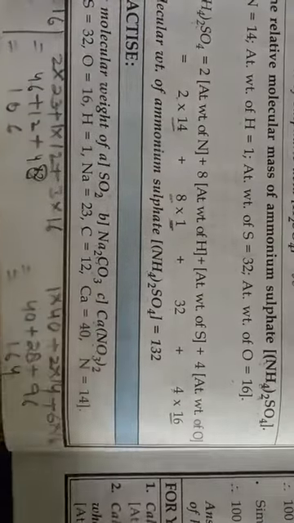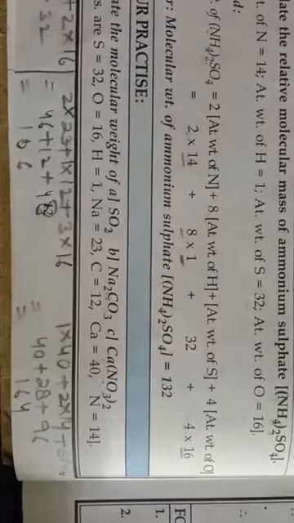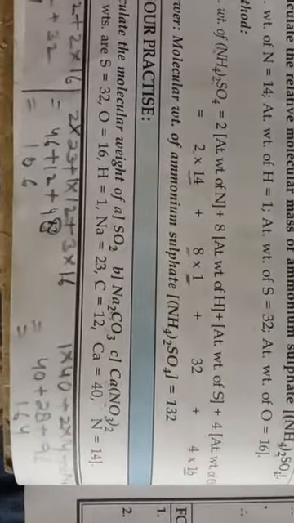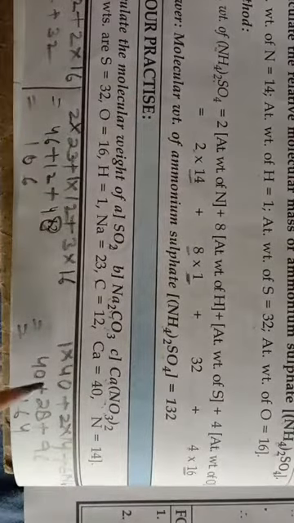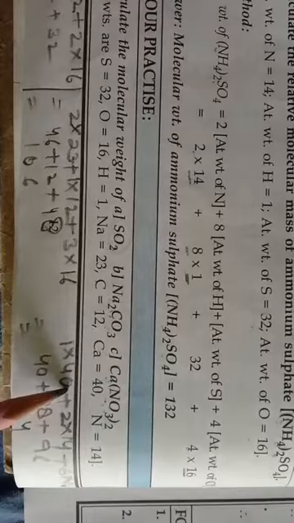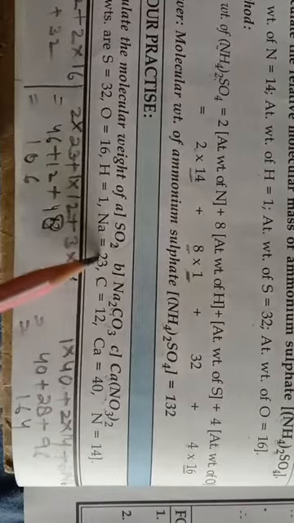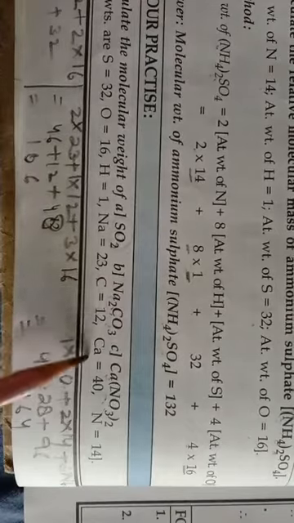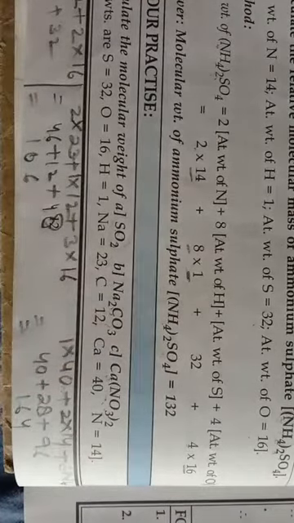Okay children, in this way you can calculate the relative molecular mass of different molecules. To calculate the relative molecular mass of a particular molecule, you must know the relative atomic masses of the elements present in the given molecule of the substance.